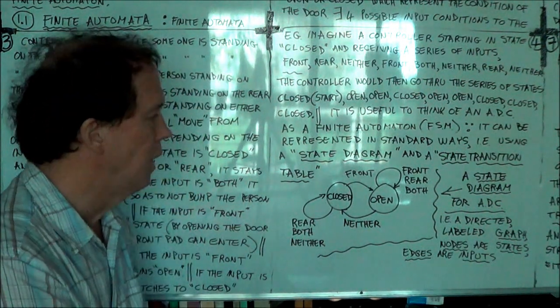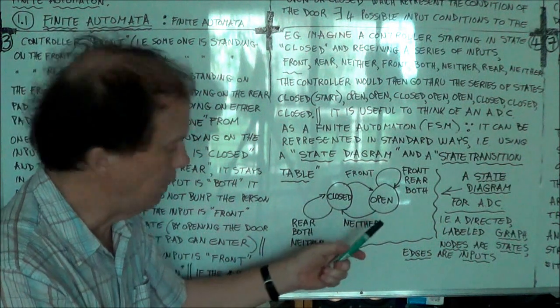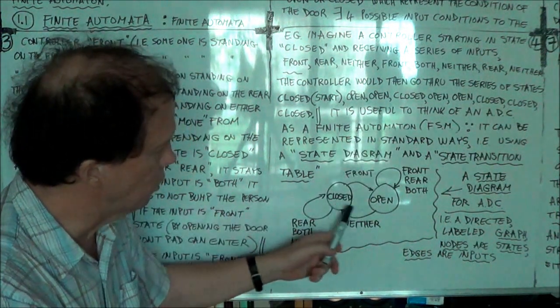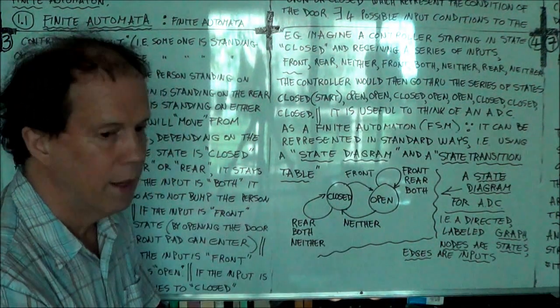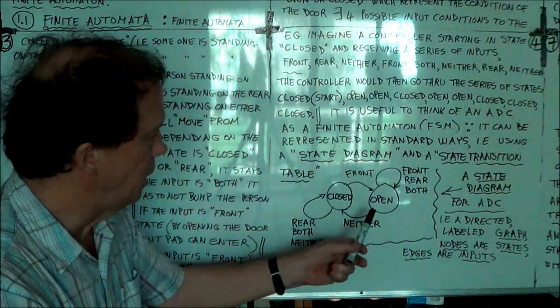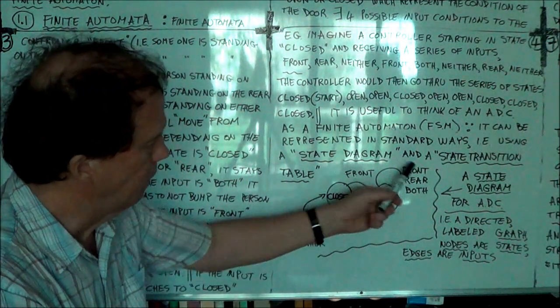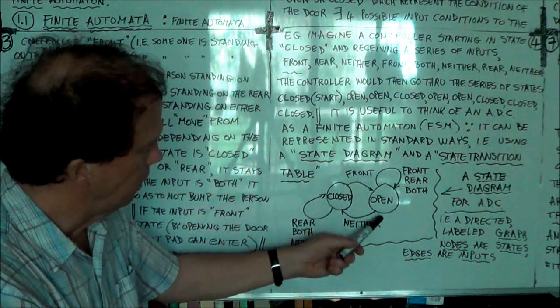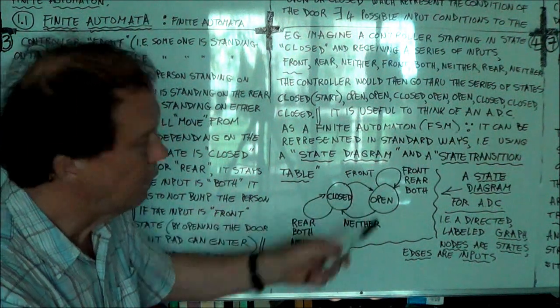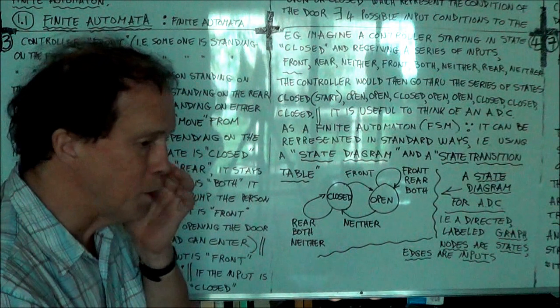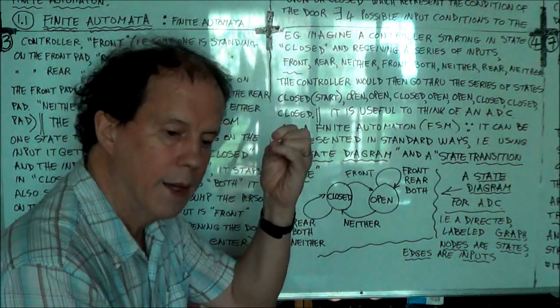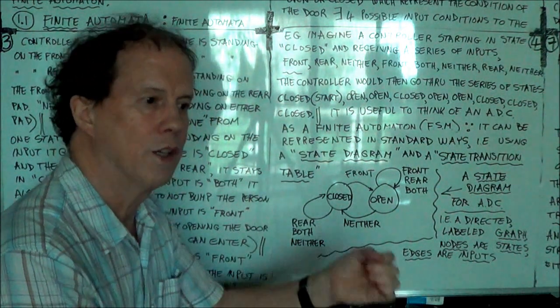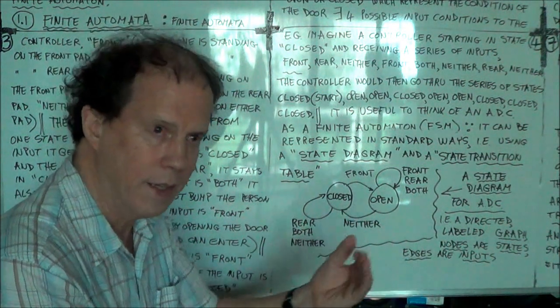In other words, there'll be some states. Right? In this case, for the door controller, we only have two states, closed and open, and there will be input signals, if you like. That's what these arrows correspond to. Okay, and the state transition, from current state to next state.